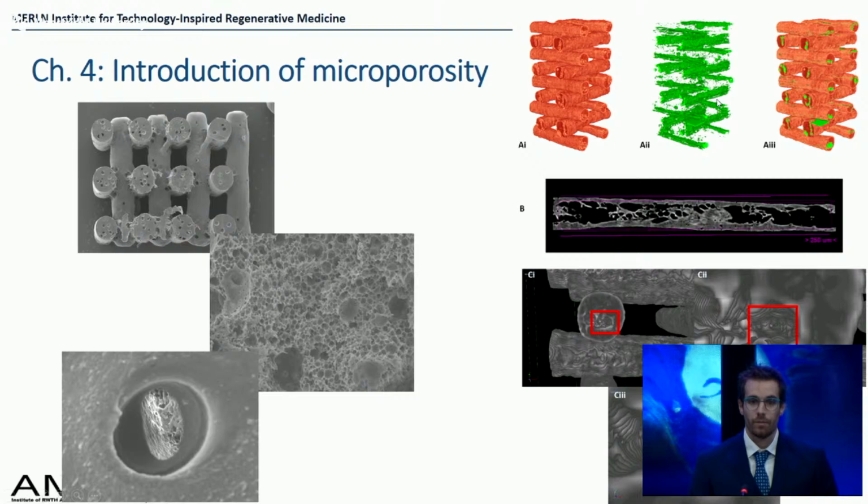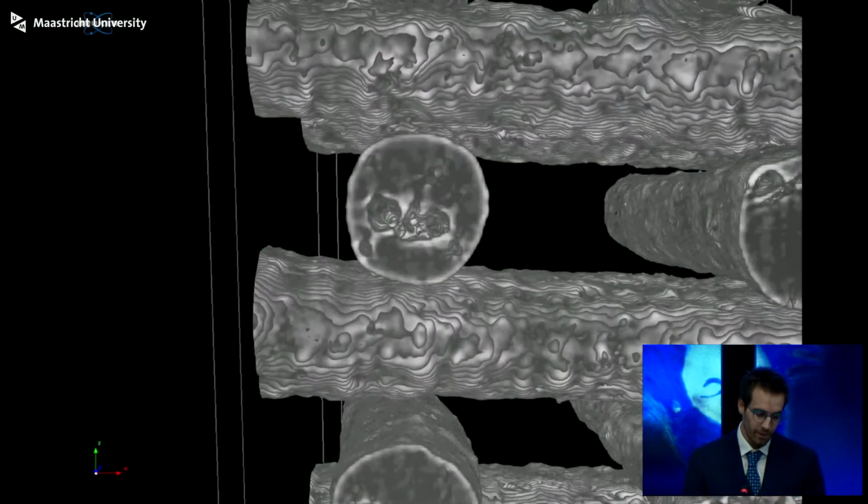On the right, we conducted a micro-CT analysis, and you can see in green all the pores that we originated via this structure. On the image below, you can see a longitudinal cross-section of a fiber making the scaffold, where you see that the porosity develops all along the fiber itself. And on the bottom, you see a detail of a pore.